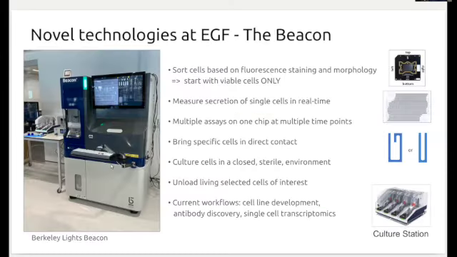This is achieved with the Berkeley Lights Beacon system, which is an optofluidic system that can individually manipulate cells into wells or pens in a microfluidic channel or chip setup. And then we can individually distribute, collect, co-culture, stimulate, and analyze the cells. On the right, you can see the actual chip image, which is about half a credit card size.